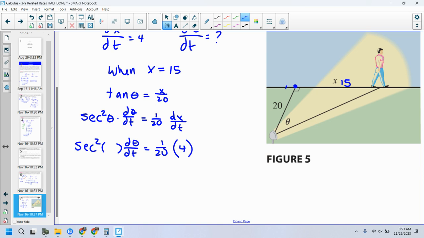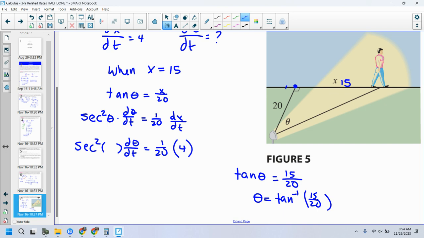I don't think I need cosine here. Because what am I going to use? Tangent again, because I know tangent theta is opposite 15 over adjacent 20. So theta is equal to inverse tangent of 15 over 20.